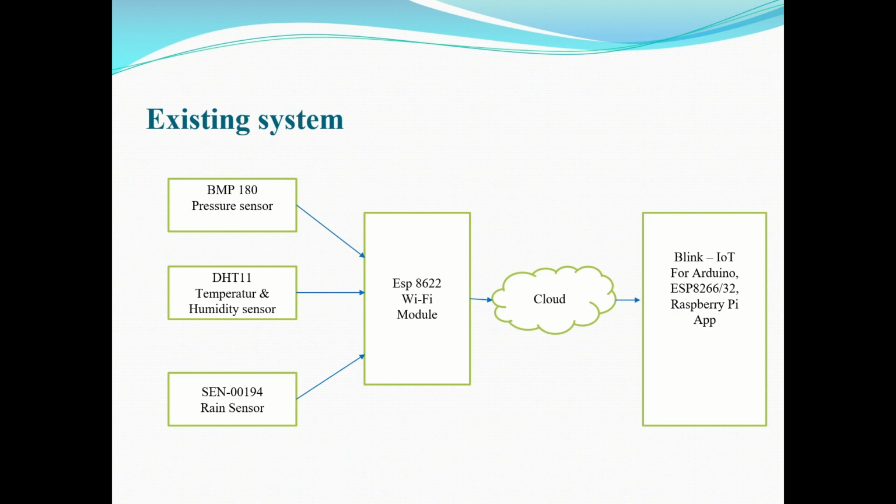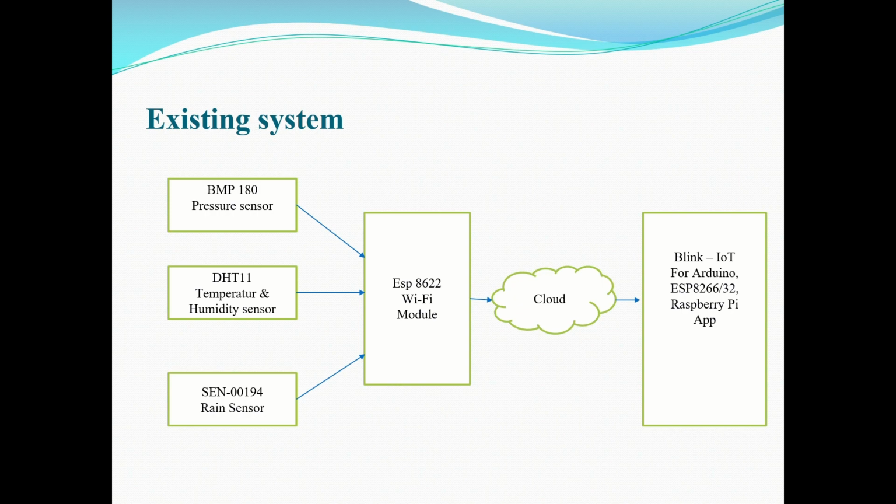Now this block diagram shows the existing system. In the existing system we use an ESP8266 Wi-Fi module, and we connect that module with some sensors: a BMP180 pressure sensor, a DHT11 temperature and humidity sensor, and a rain sensor.